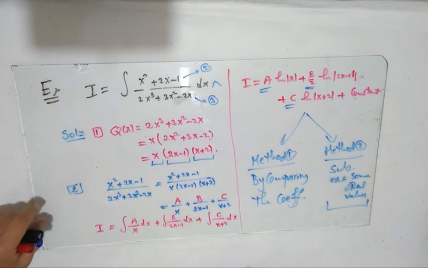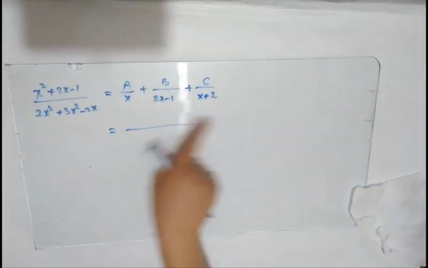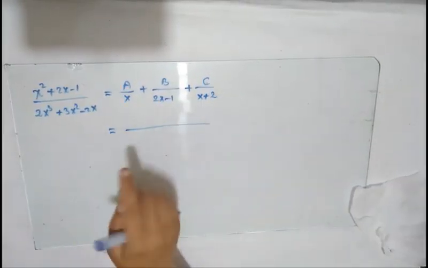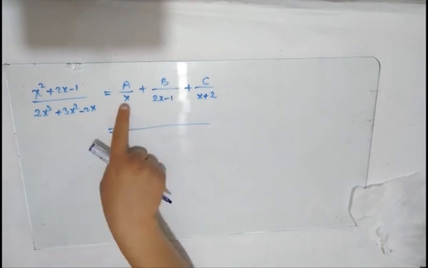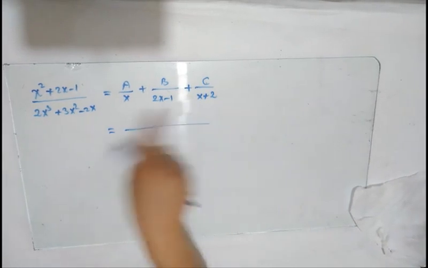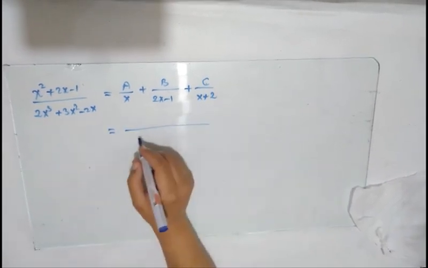Okay, so common denominator, which should be the same as this one. So for this case, since all of our factors are linear, it doesn't matter, so we will multiply all of them.